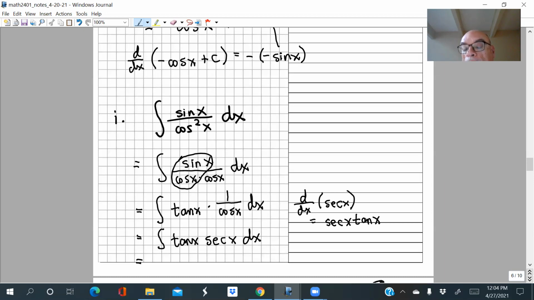So the derivative of secant is secant tangent, but this is tangent secant, I just have it written in reverse order. So you know the answer here, right? What function's derivative is secant tangent? It's secant. So there is your antiderivative. It's secant, and then don't forget to throw in that constant.